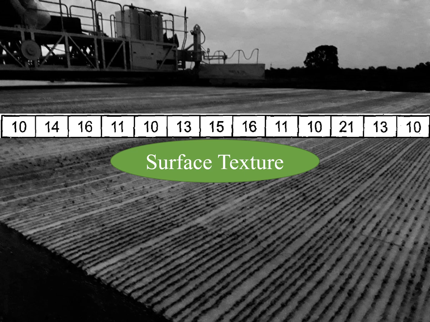This should be the sequence as per the standards and MoRTH requirement. But more or less these are the gaps which one has to maintain as far as the tine spacing is concerned.